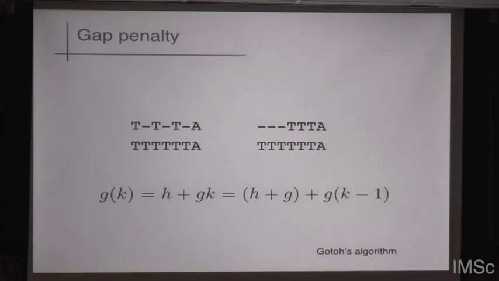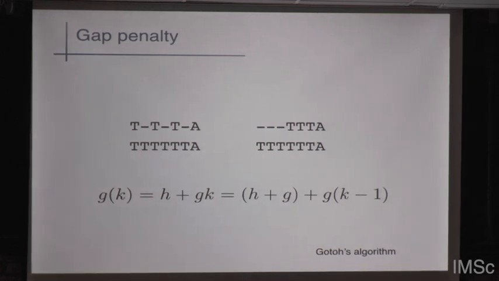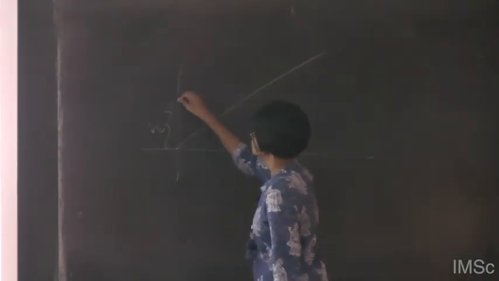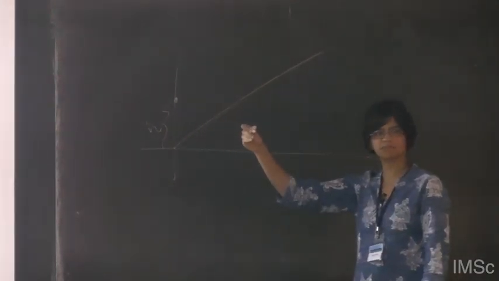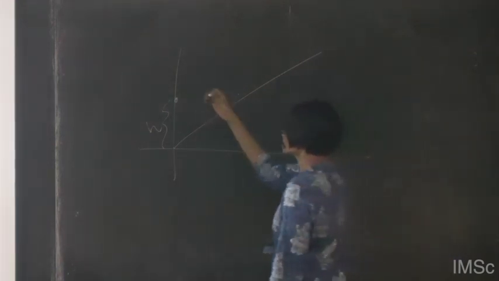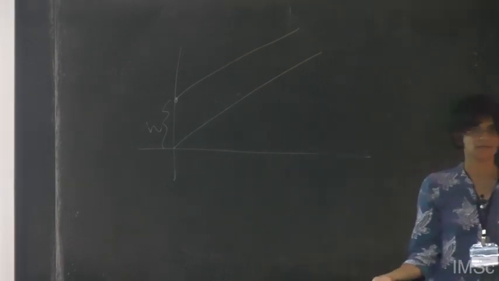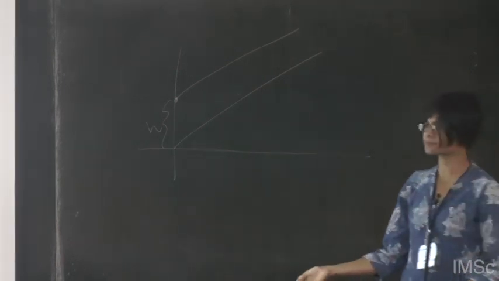It was negative, but when I say penalty, I'm calling it positive. The score was negatively growing, right? Here it goes like this. Earlier it was going like this. So now you introduce an h for every first gap, and then let it grow. This is called an affine gap penalty.